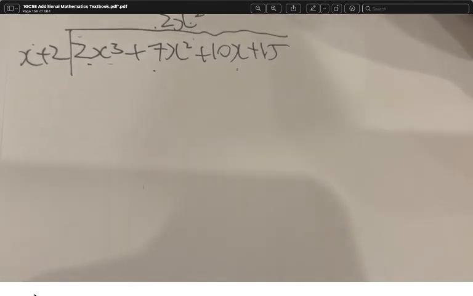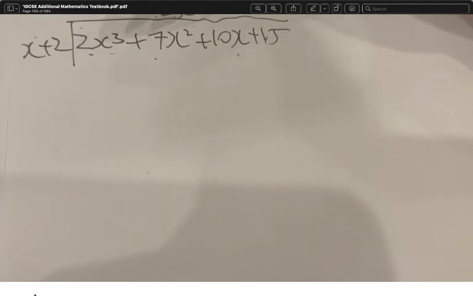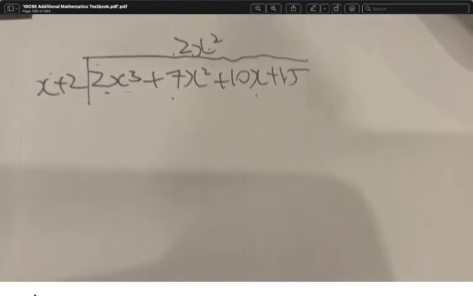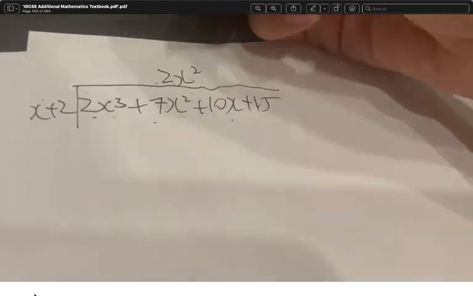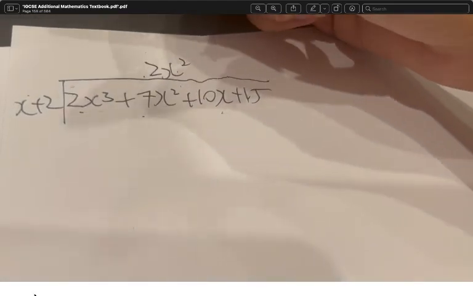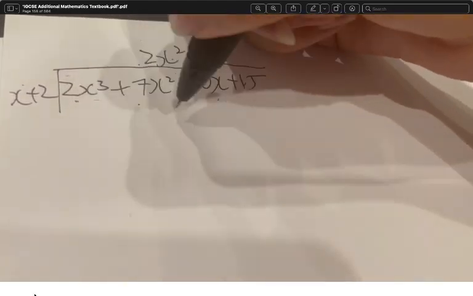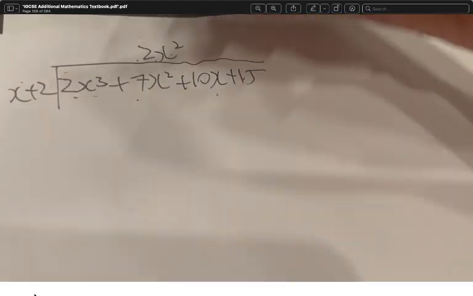Now, let's use the quotient term to multiply the divisor term, and keep on with the division process. 2x² times x is 2x³. 2x² times 2 is 4x².